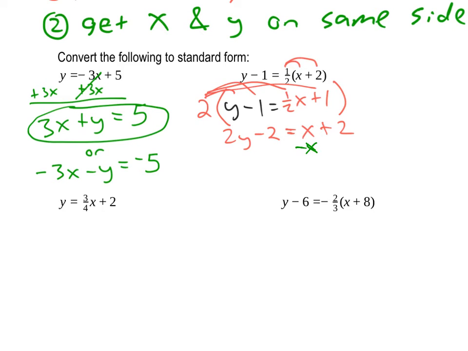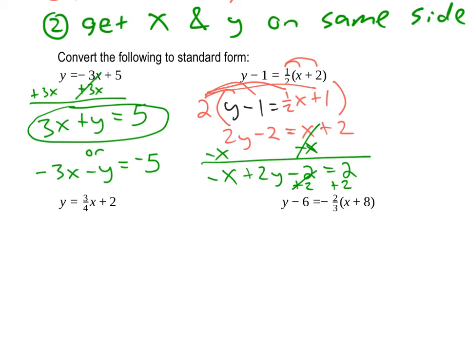You're not wrong if you move the 2 or the negative 2. You would subtract 2y to move to the other side. Negative x plus 2y minus 2 equals 2. And then what are we going to do? Add 2 finally. I'm going to add 2 to both sides.